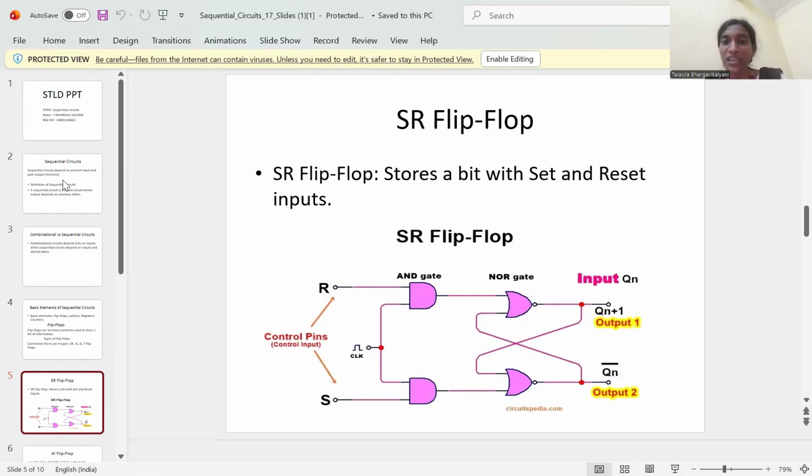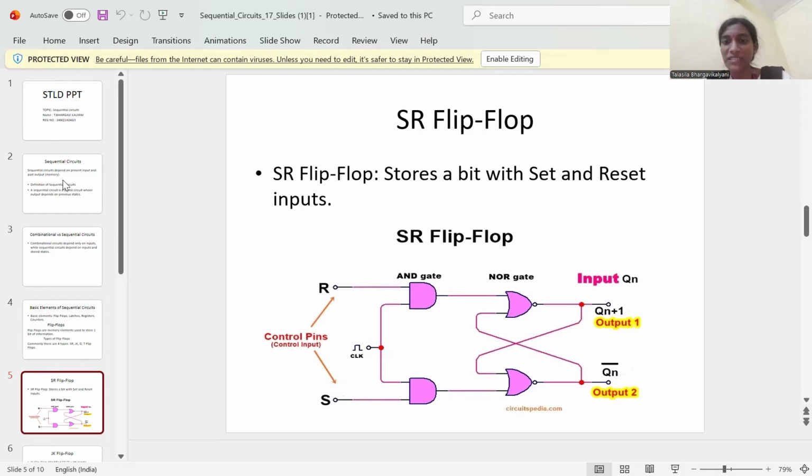First one is the synchronous sequential circuit and second one is the asynchronous sequential circuit. Synchronous means it follows a reference signal called the clock pulse. Asynchronous means it does not follow a reference signal like the clock pulse. Now let us come back to SR flip-flop.